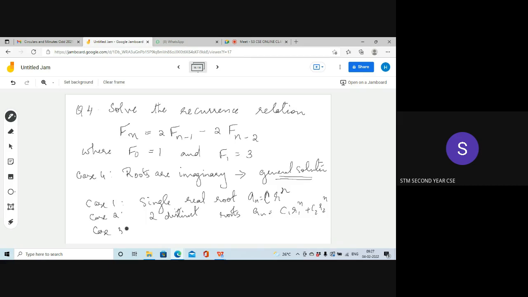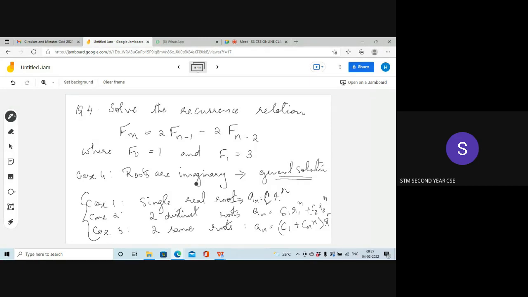Case 3, two same roots: An = (C1 + C2·n)·R^n. These were the three formulas we studied. When we obtained these kinds of roots, we applied these formulas, found the constants and the root, and substituted in the general solution to get the final answer. Did you understand the three cases?